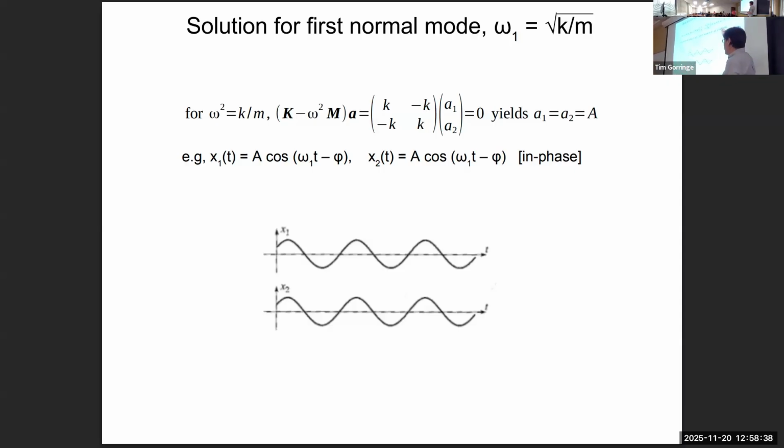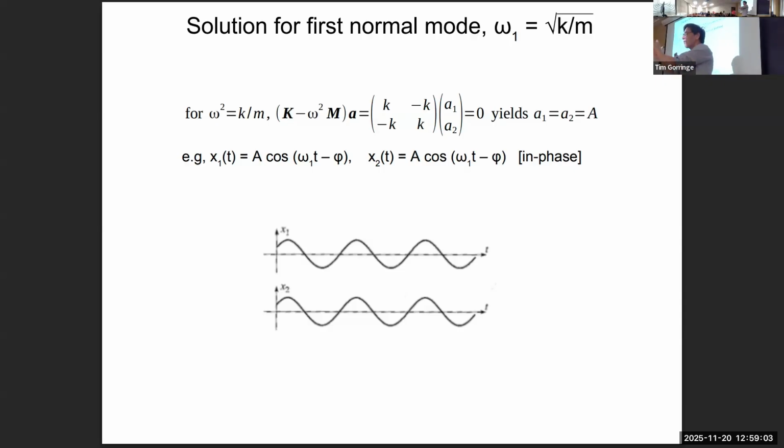It's the longer period. For that frequency, I plugged that frequency into this omega squared here. For omega squared, I'm replacing it with k over m. If you replace omega squared with k over m, that difference between the stiffness matrix and the mass matrix becomes just this little guy here.